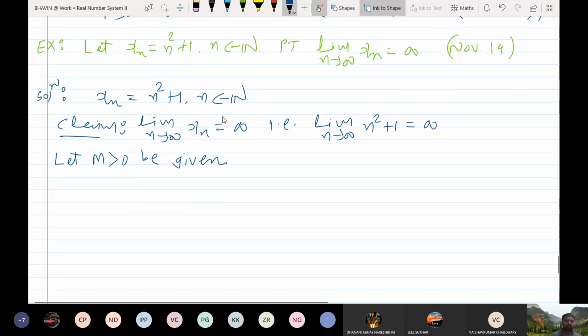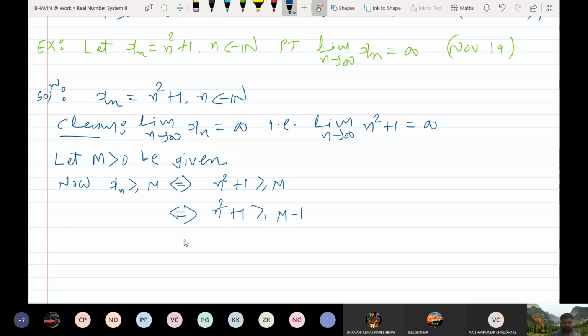Now let me begin from this. xn greater than or equal to m, if and only if, what is xn, is greater than or equal to m. This is true if and only if n squared is greater than or equal to m minus 1.